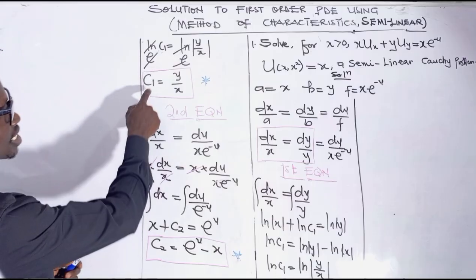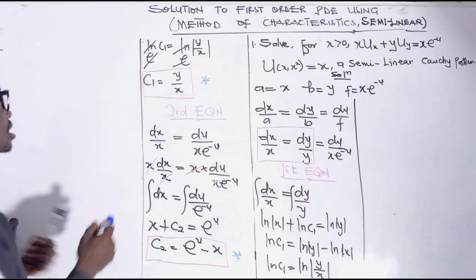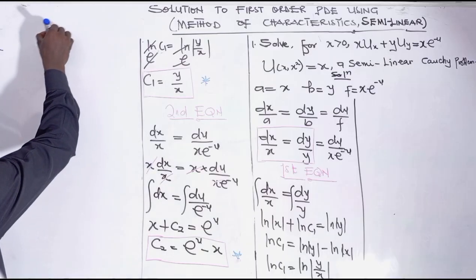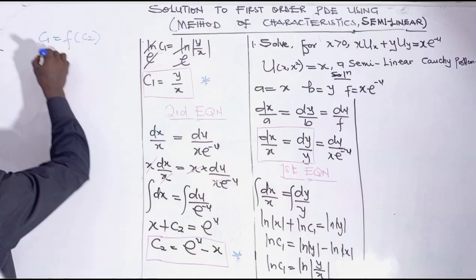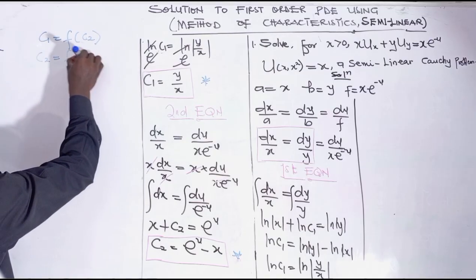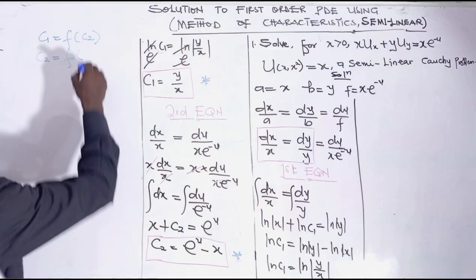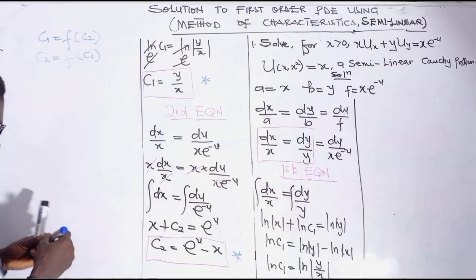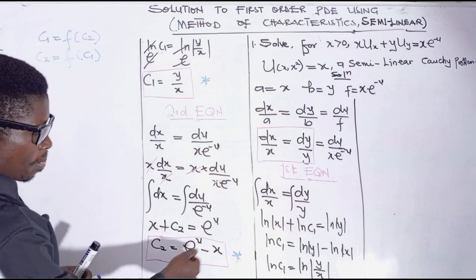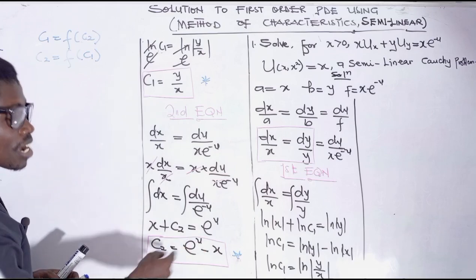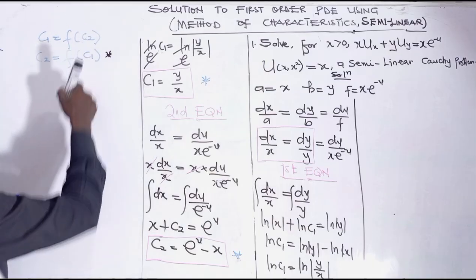It is either C1 becomes a function of C2, or C2 becomes a function of C1. Since we have u, the dependent variable, in C2, let's make C2 a function of C1. So we are going to pick this one, C2 a function of C1.